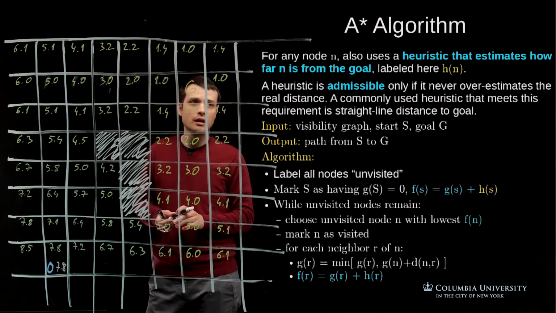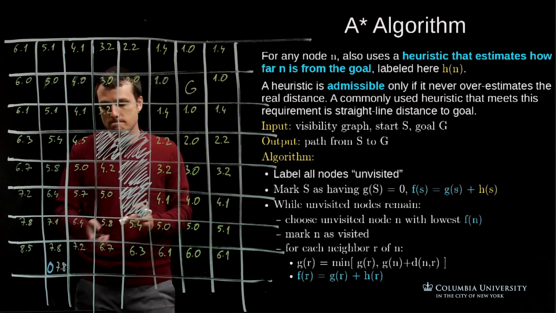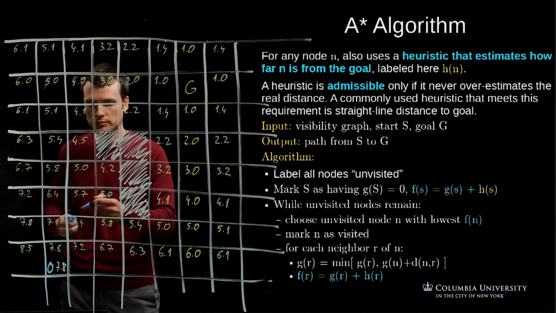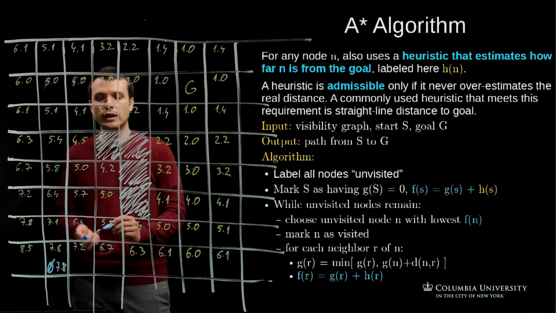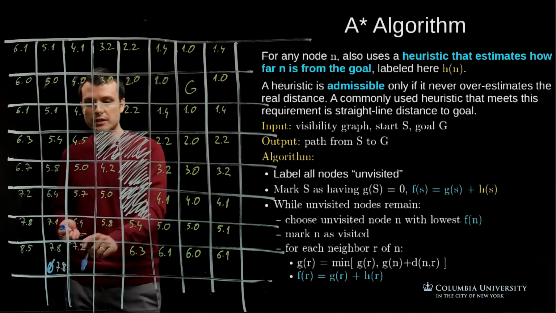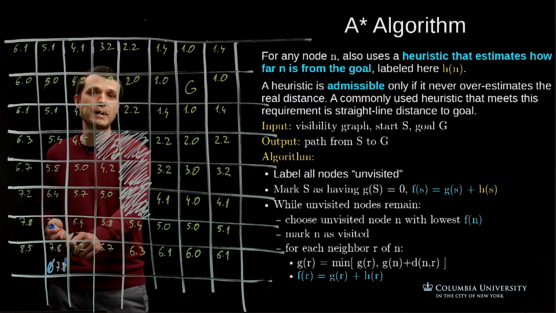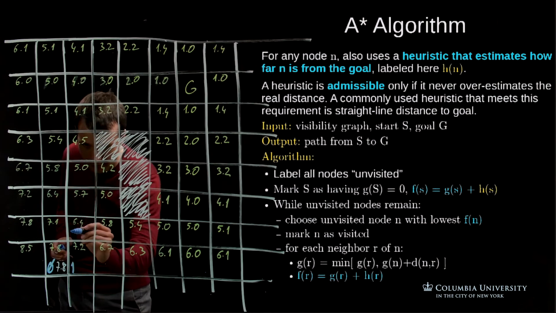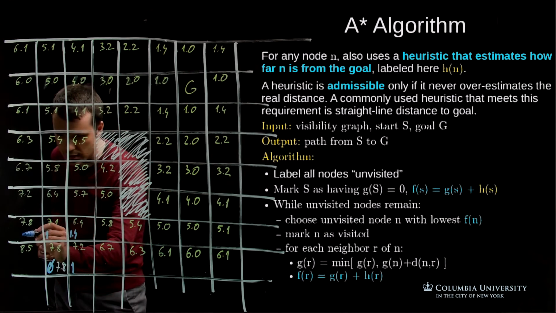Now I start the algorithm, right? I mark my start as visited. So now I look at all the neighbors. I first update the lengths of the shortest paths from the start, so the length of the shortest path from the start is going to be this.